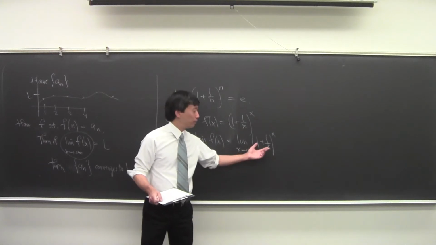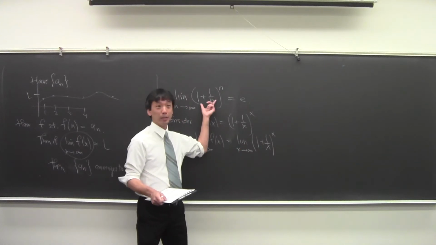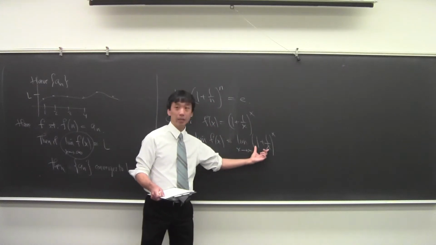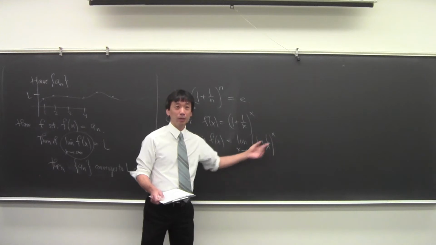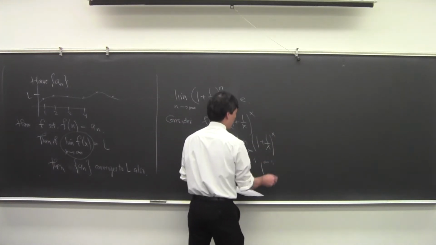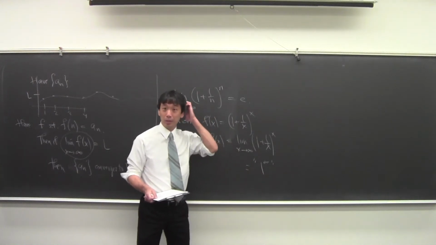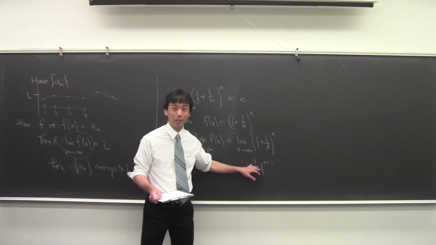As x goes to infinity, the thing in the parentheses becomes 1, and the exponent becomes infinite. So this becomes "1 to the infinity."